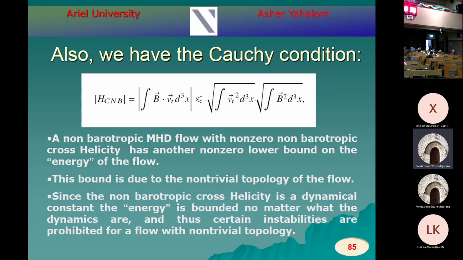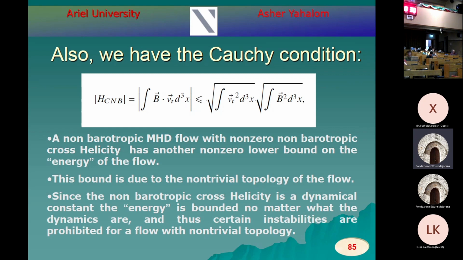We also have a Cauchy condition. This is another type of lower bound. So a non-barotropic MHD flow with non-zero non-barotropic cross-helicity has another non-zero lower bound on the energy of the flow, and this bound is due to the non-trivial topology of the flow.